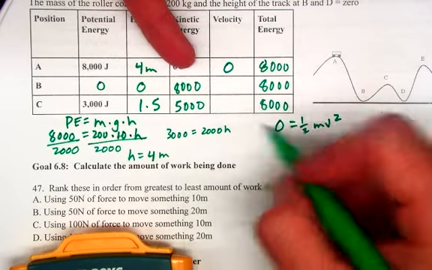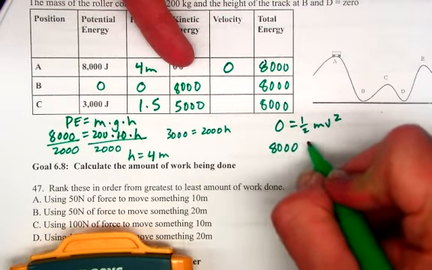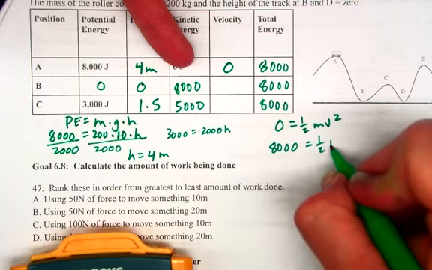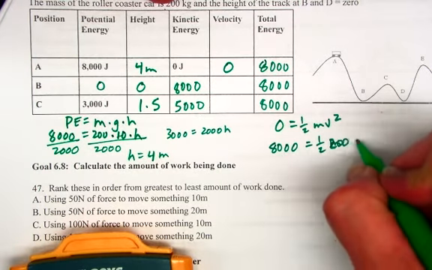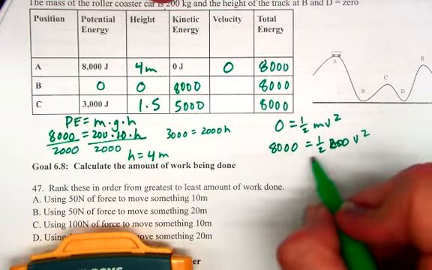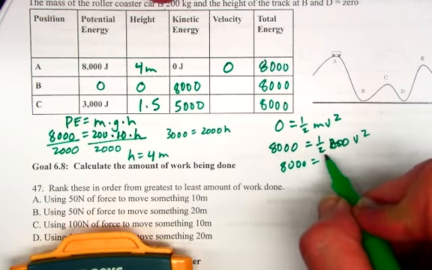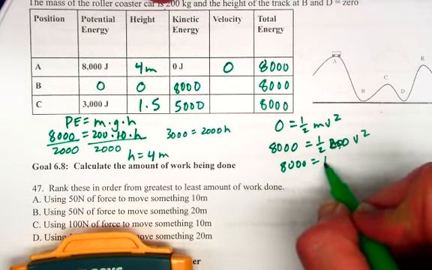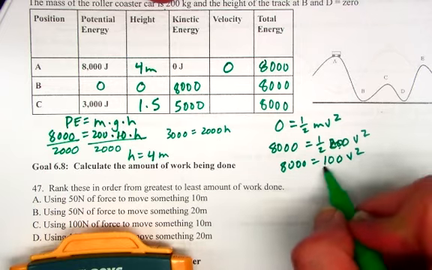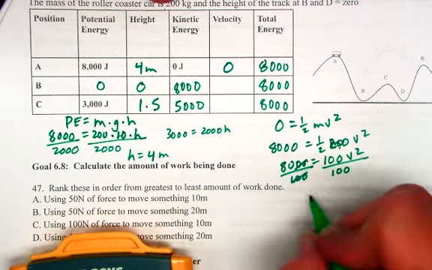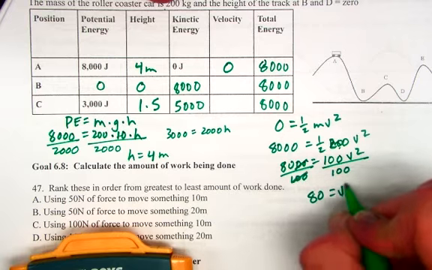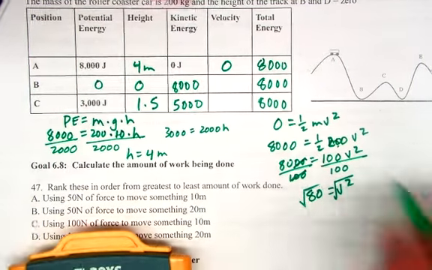Now for the next one, we're going to plug in kinetic energy of 8,000, 1/2 m, m is 200, v squared. So 8,000 equals 1/2 times 200 is 100, v squared. Divide both sides by 100. That cancels out 2 zeros. So 80 equals v squared, and then I need to take the square root of it.